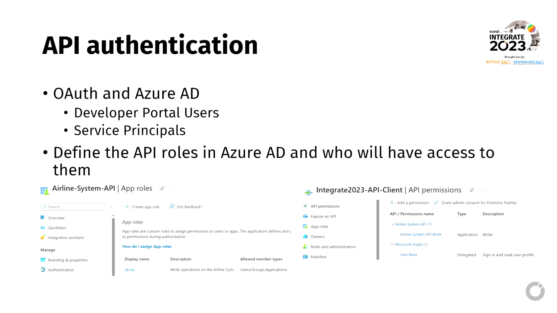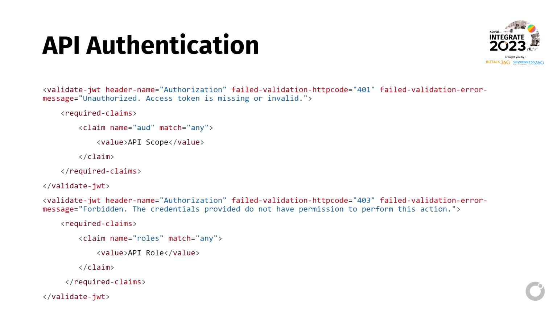Then on the other side, on the right side, you're going to see that I have my client credential, and I specify that the credential has access to my airline system API only for the write operation or only for the read operation. So we can specify this kind of granularity on my systems, and this shows how we do the configuration in API management.